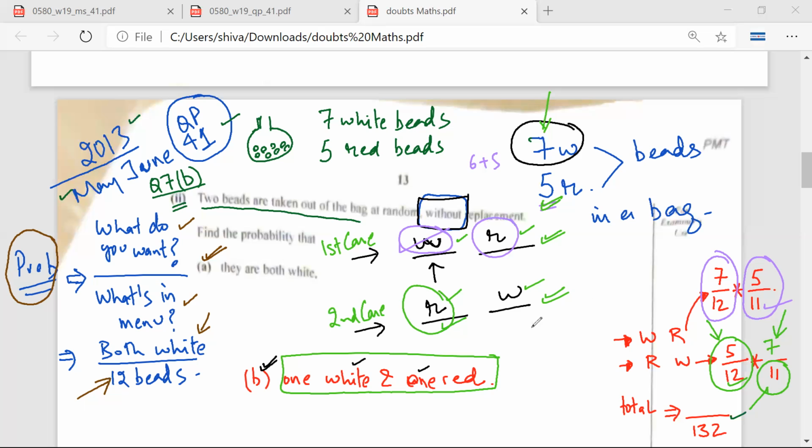So my answer should be 35 by 132 plus again 35 by 132, which should be equal to 70 by 132. Is there any doubt? No, sir.